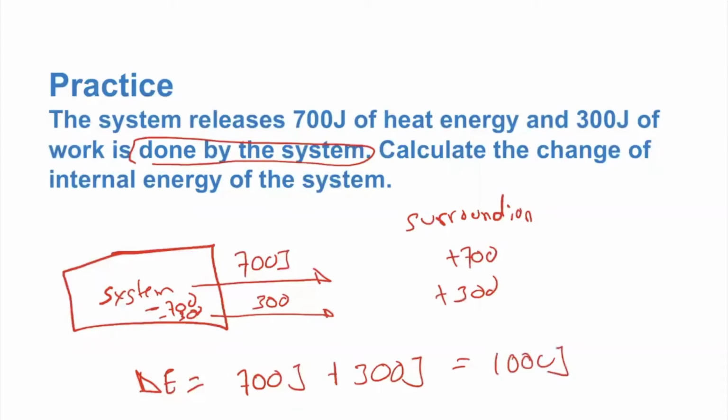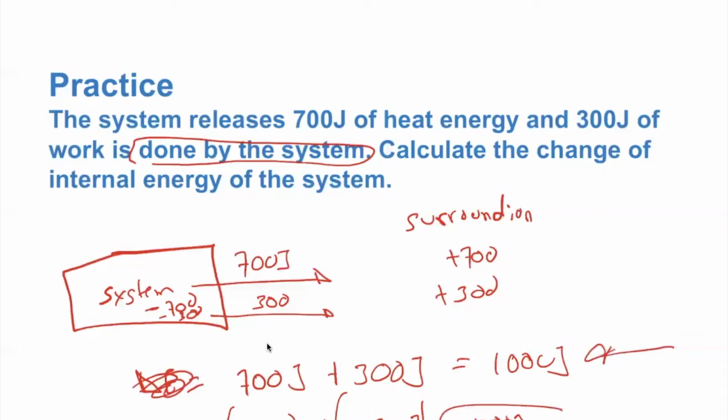So delta E is going to be, sorry, this is for the surroundings, but delta E for the system is going to be negative 1000 joules, because we're looking at it from the point of view of the system, not the surroundings. So if I was asking you with respect to the surroundings, it would be the other way, but I'm not asking you about the surroundings.